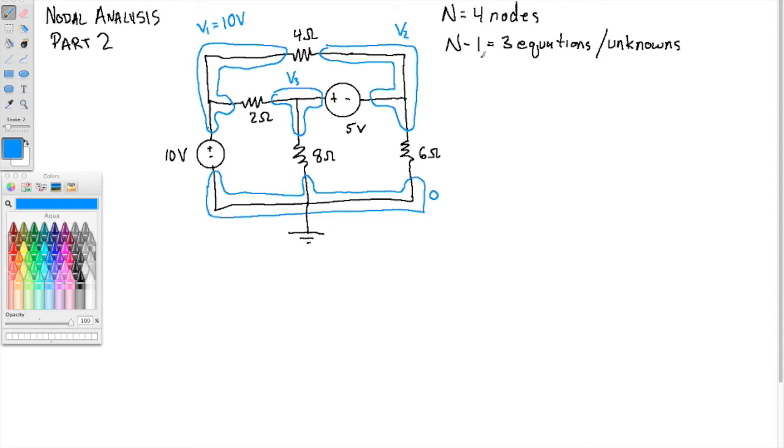We're going to have to make some sort of adjustment, because now V1 is no longer an unknown. We only have V3 and V2 as unknowns, and further we know the relationship between them, namely V3 is V2 plus 5 volts.